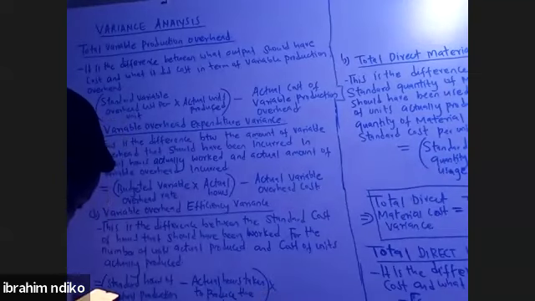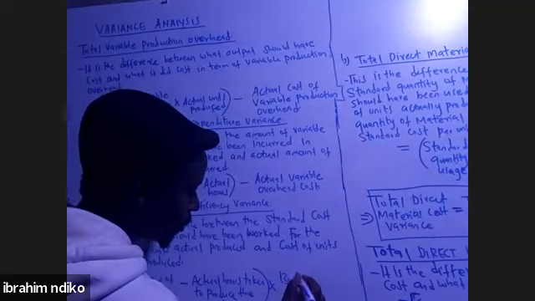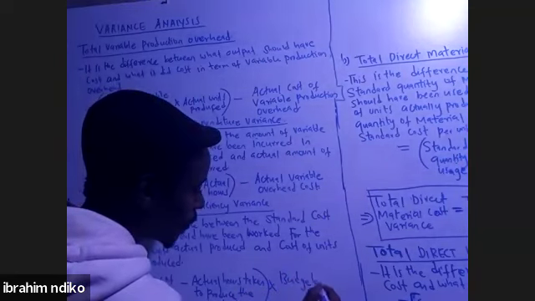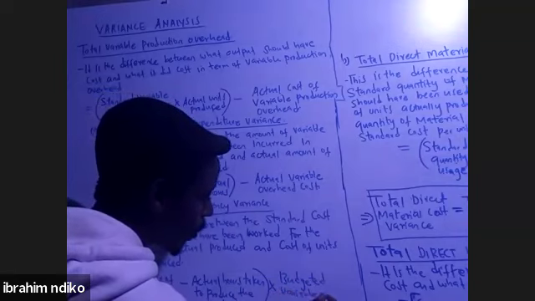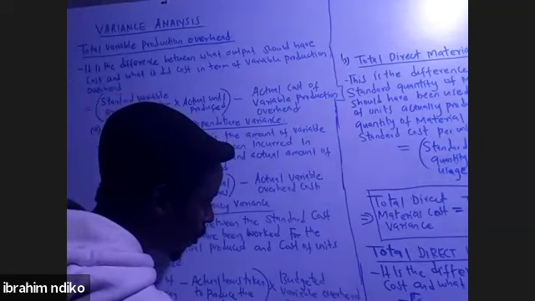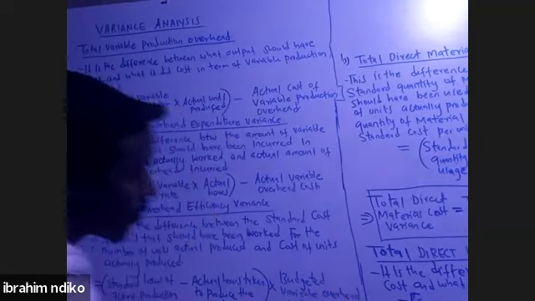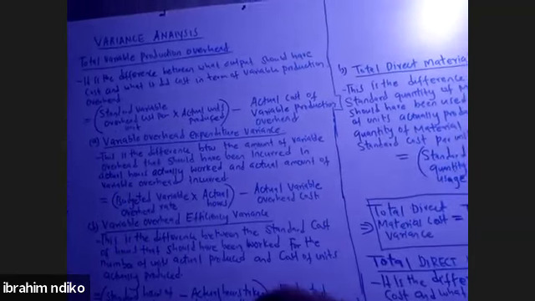Then everything multiplied with the budgeted variable overhead rate. Now, teremke chini kidogo.